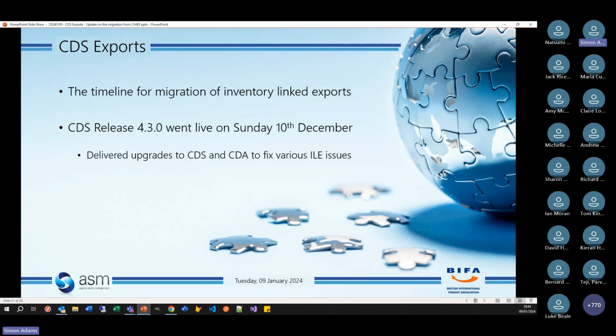That delivered upgrades and fixes to a lot of CDS issues. It's currently being tested by software developers and CSPs to make sure it's stable. That testing is ongoing, but it does seem a lot better than before release 4.3 went on. Testing's not finished yet, so there's not a hugely clear picture, but it does look better, and it's certainly moving towards the migration.